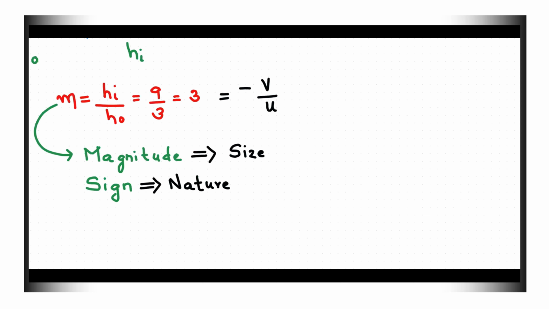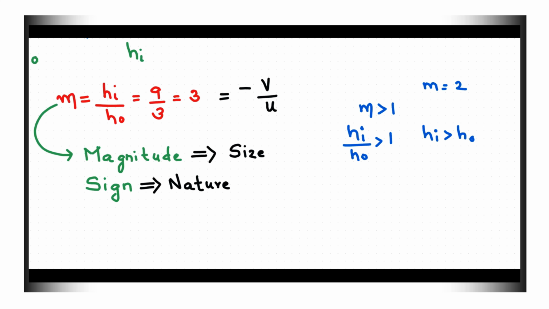For example, if the magnification is greater than 1, what does it mean? HI by HO is greater than 1, or I can say HI is greater than HO. So if there is a magnification value greater than 1, for example, M is equal to 2, that means it is magnified twice.